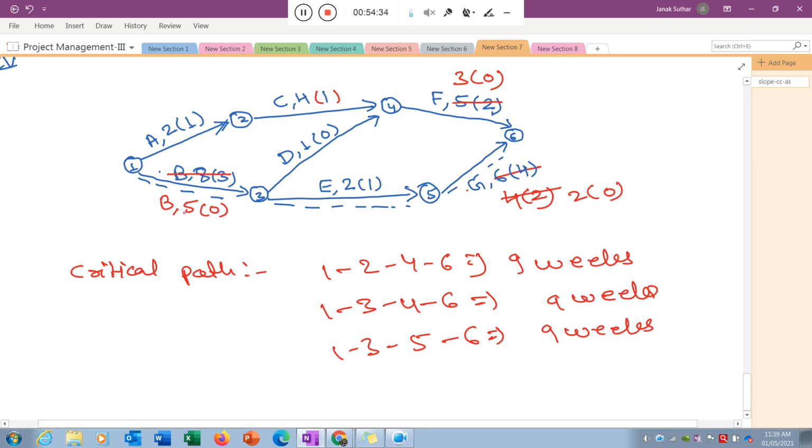Okay, and if I check again, is there any feasibility of reduction? This is the critical path. You can see 1 to 3, 3 to 4 and 4 to 6. Here the feasibility of reduction is 0 0 0, so I cannot reduce because this is the critical activity. Even if I reduce this particular path, it will not reduce my project time, because all are critical and we need to focus on all, and then only we can reduce the project time.